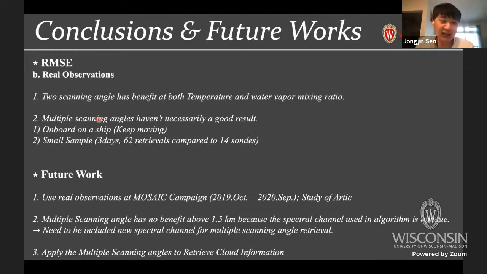However, the multiple scanning angles haven't necessarily given a good result, and we believe the reasons are that the AERI is on board a ship, and the ship keeps moving during the observations, and also we use only small samples, 3 days and 62 retrievals, compared to 14 radiosonde soundings.